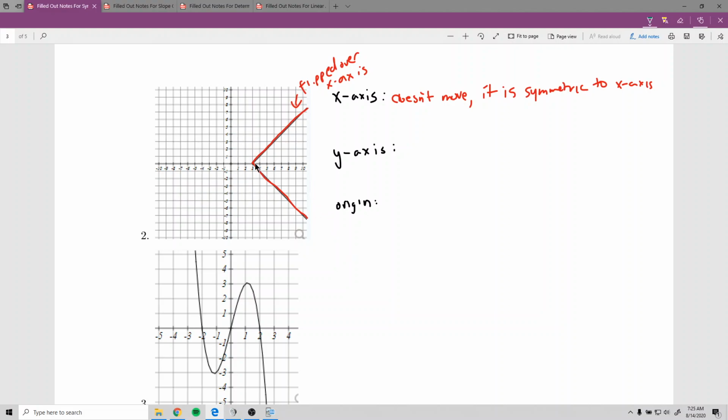Right, now if we flip it over the y-axis, we flip it over here, we'll get a V shape that goes backwards. Once again, just kind of visualize it, but this one does move. So it is not symmetric to the y-axis.